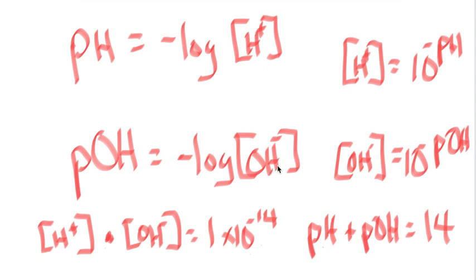The pOH equals the negative log of the hydroxide ion concentration, and we can find the hydroxide ion concentration by taking 10 to the negative pOH. The ionization constant of aqueous solutions is 1 times 10 to the negative 14th, so the hydrogen ion concentration times the hydroxide ion concentration always equals 10 to the negative 14th. And pH and pOH add up to 14. You can use all of these to solve a variety of acid-base pH problems.